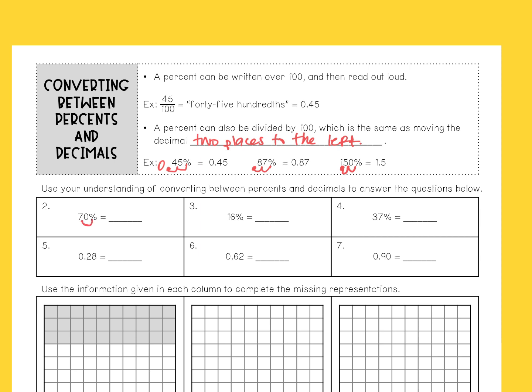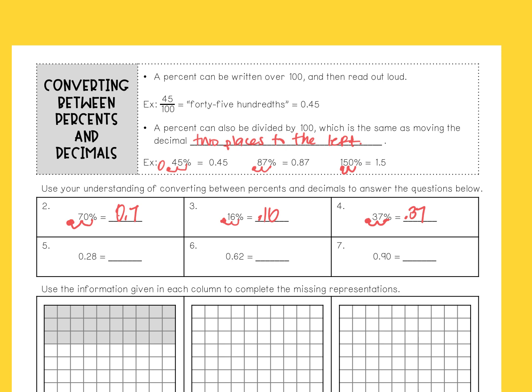I'm going to scoot my percentage over 2 times to the left, and that gives me 0.7. Now 16% twice to the left gives me 16 hundredths. 37%, if I move my percent sign twice to the left, gives me 37 hundredths.